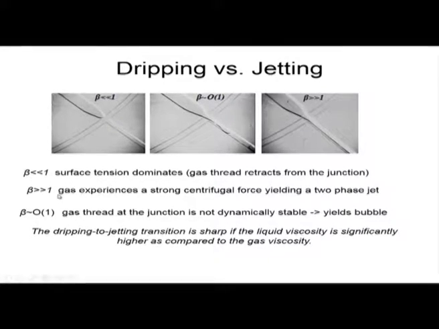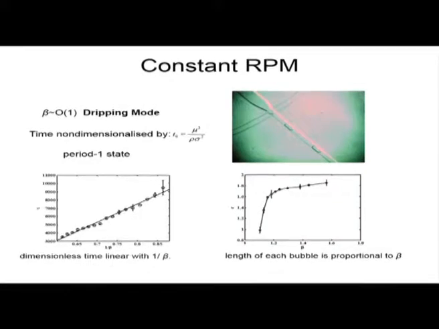When beta is much greater than 1, the gas experiences a strong centrifugal force and yields a two phase jet. This is the third figure. And when beta is of the order of 1, the gas thread at the junction is not dynamically stable and it breaks into bubbles. So that is this one. This is called the dripping to jetting transition.